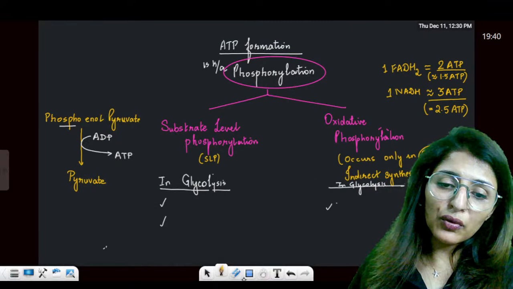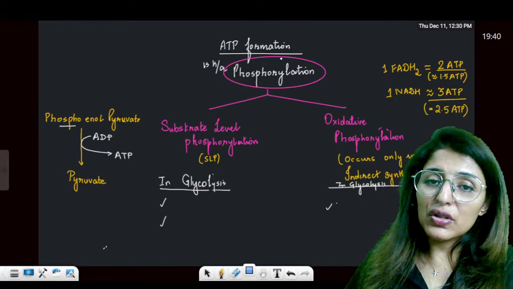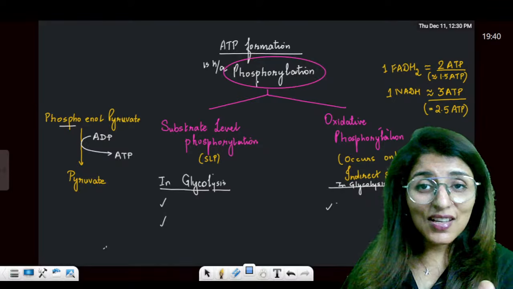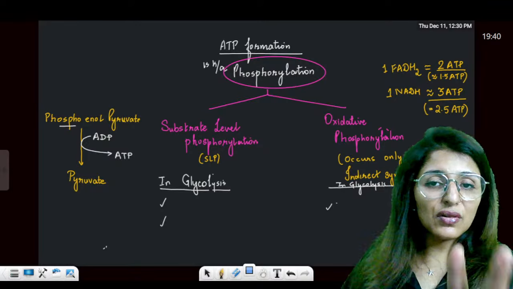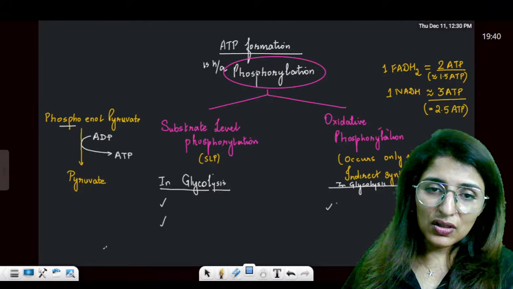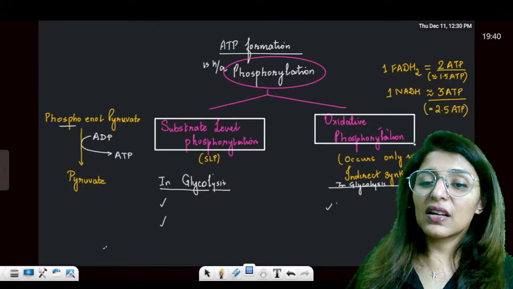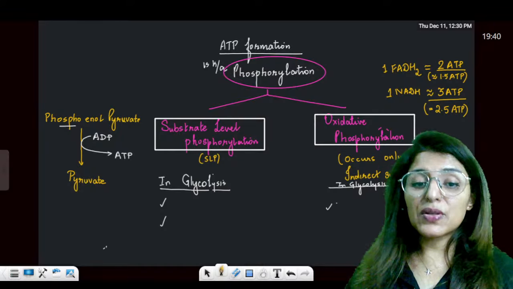Now we already know from the previous chapter that ATP formation is known as phosphorylation. This is not photophosphorylation, because it doesn't utilize light energy or occur in the presence of light. So this is simply phosphorylation. Phosphorylation can be of two types: one is substrate level, the second is oxidative phosphorylation. What do we understand by substrate level?